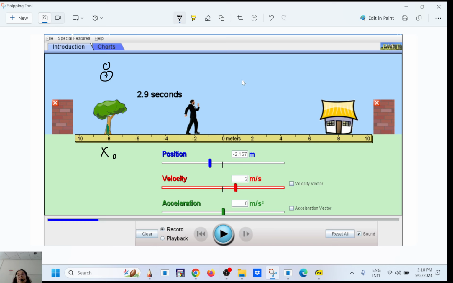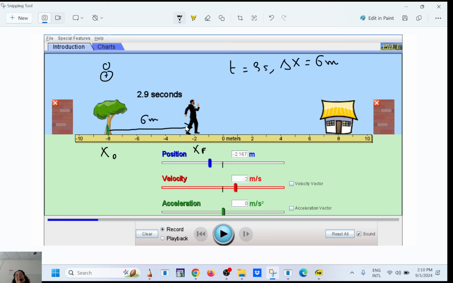So after 3 seconds, your displacement is going to be 6 meters, 3 times 2. Are you okay with that? So the displacement is 6 meters, and that will be your final position.